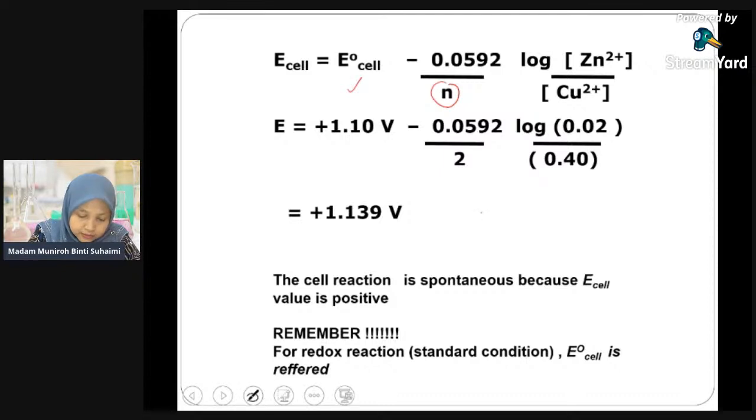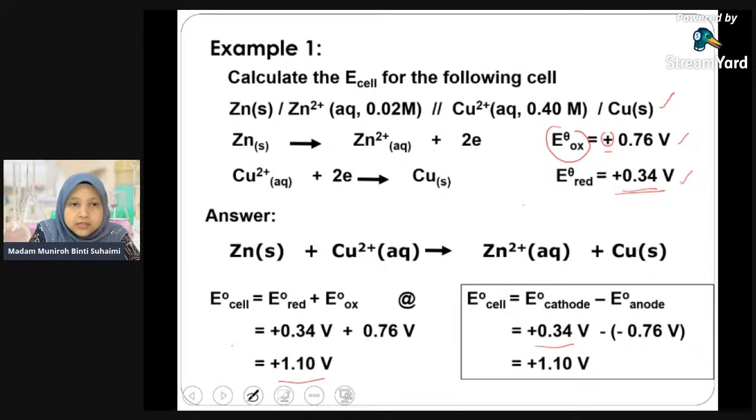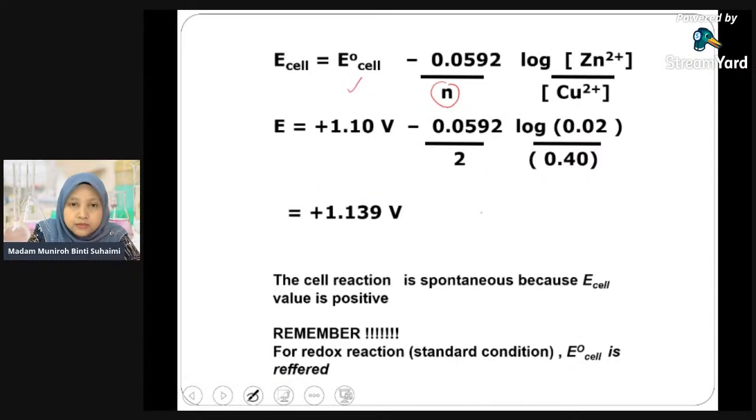Back to the previous slide. n is the number of electrons transferred. Zinc loses 2 electrons and copper gains 2 electrons, which means the electrons transferred equal 2. So the value of n equals 2. Then log concentration of zinc 2+ divided by concentration of copper 2+.